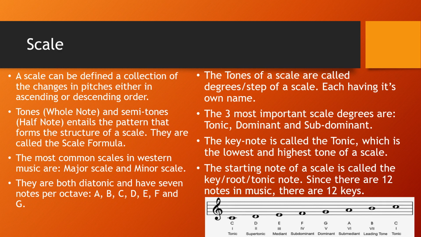The keynote is called the tonic, which is the lowest and highest tone of a scale. That is maybe when you went from C to C, starting with C to C, the first C becomes the tonic, and then the last C, running it through an octave, is also referred to as the tonic.